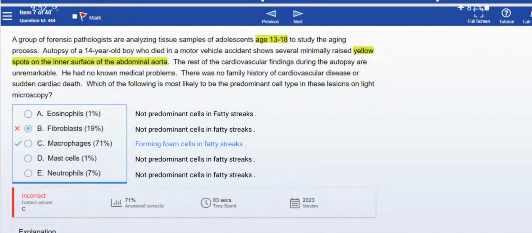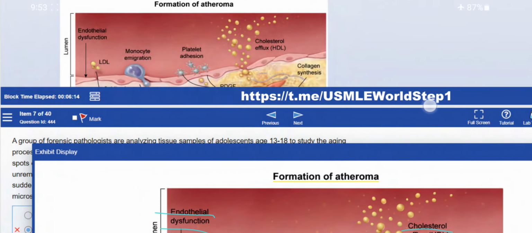Because the process of atherosclerosis usually starts during the second decade of life, right? So age of the patient is important. Any question when you go through that, note the age of the patient, right? Okay. So yellow spots on the inner surface of the abdominal aorta, right? As I mentioned, macrophages forming foam cells in the fatty streaks.